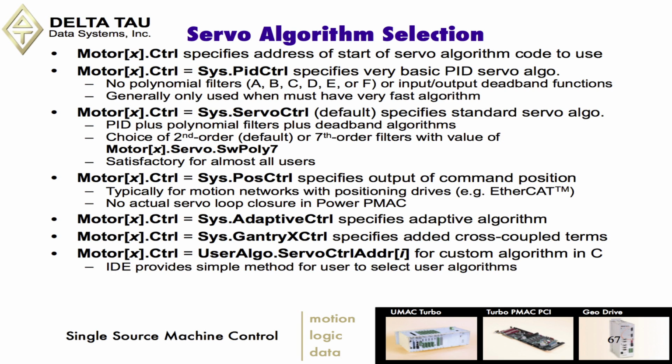Sys.PidCtrl specifies a very basic servo algorithm, so there's none of the advanced filters in the servo function, but it does run extremely fast, so it could be used for those kinds of motors that you want to run very fast. Our default servo control algorithm, Sys.ServoCtrl. This specifies our standard servo algorithm, so it's the PID plus the polynomial filters plus the deadband algorithms.